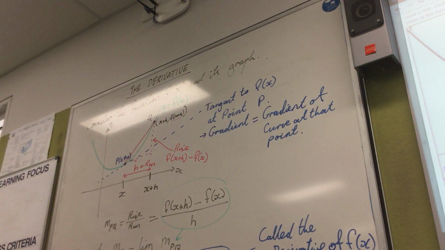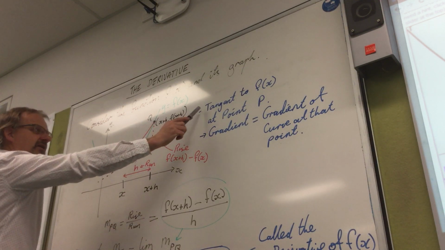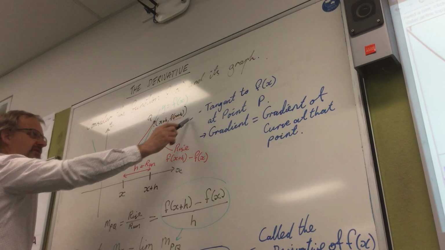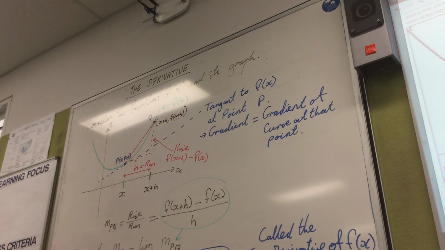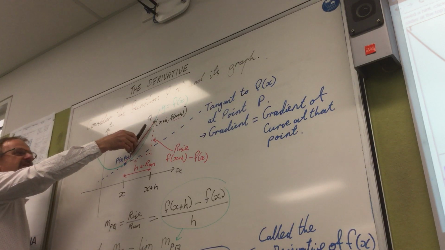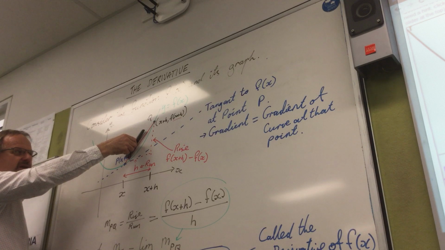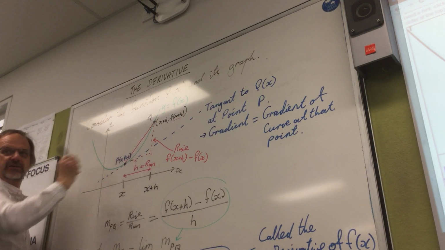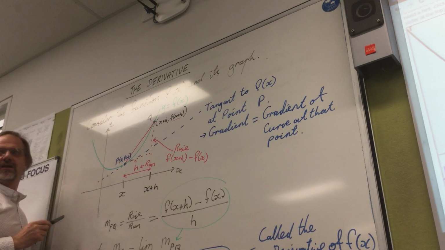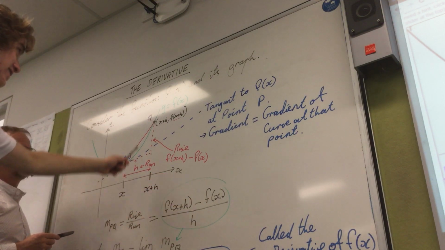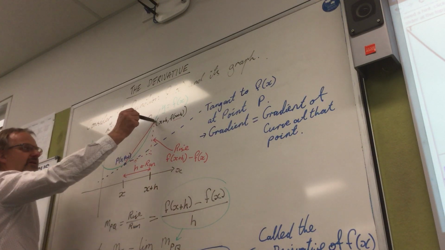Are we trying to find the line between P and Q? What we're trying to find is the gradient of this blue line. Wait, I thought we were trying to find the gradient of the red line. Same. We're using the gradient of the red line to find the gradient of the blue line. Very good. This here is the gradient of our red line.